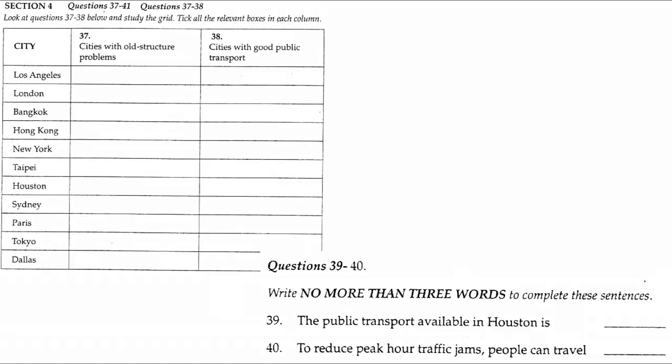Listen to what the speaker says and answer questions 37 to 40. First, you have some time to look at the questions. Now listen carefully and answer questions 37 and 38. Tick all the relevant boxes in each column.